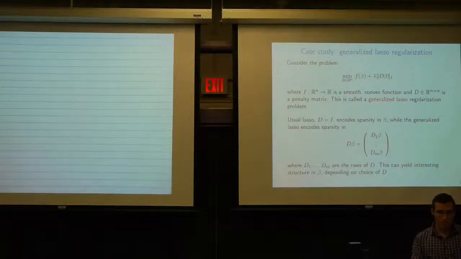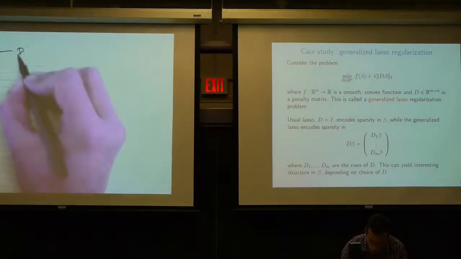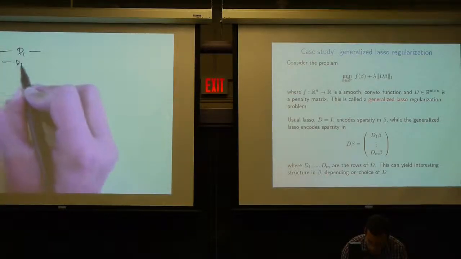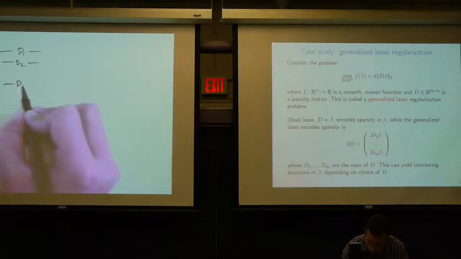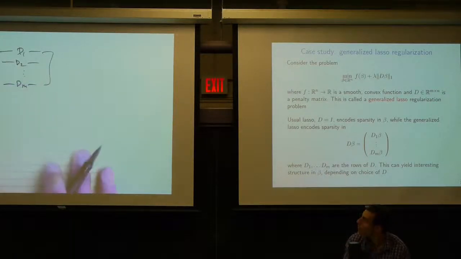And so the thing to think of is that this is going to encode sparsity in the elements of the vector D beta. Right? So D is a matrix. We'll call its rows D1 through Dm.